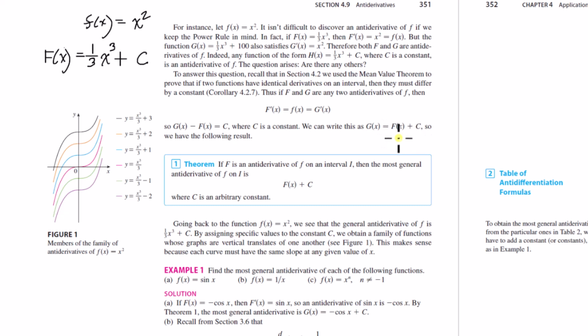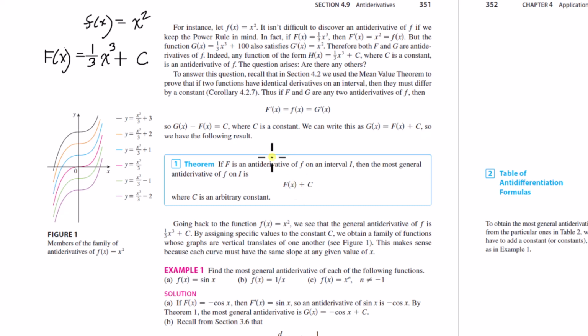What this is saying is that, starting with a function whose derivative is lowercase f of x, you can get to any other function whose derivative is that same f of x by just adding a constant at the end. That's proof that once you find an antiderivative, to get the most general form, just add an arbitrary constant at the end.